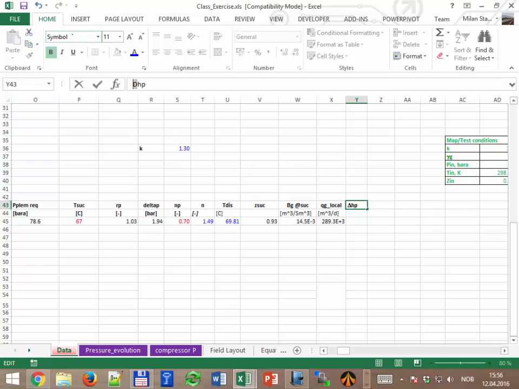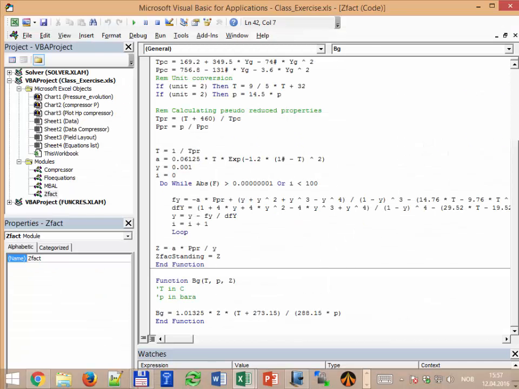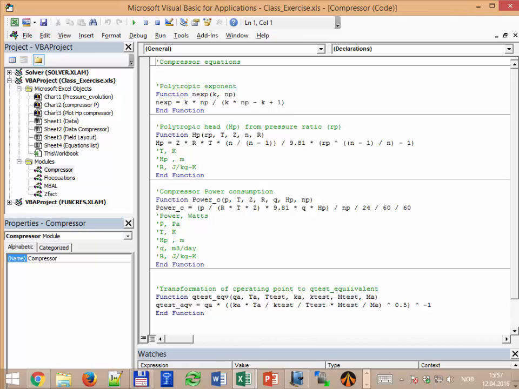Symbol. And which units did it have? I think it's kilojoules per kilogram. Yep, I think so. And I programmed for you already an expression, polytropic head. We have the head, but remember if we multiply times the gravitational acceleration, we get the delta H. So no problem, we can use the same expression.